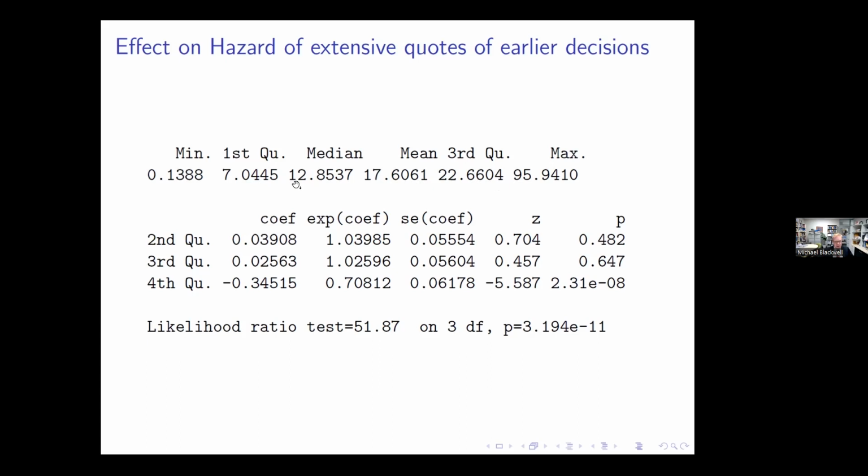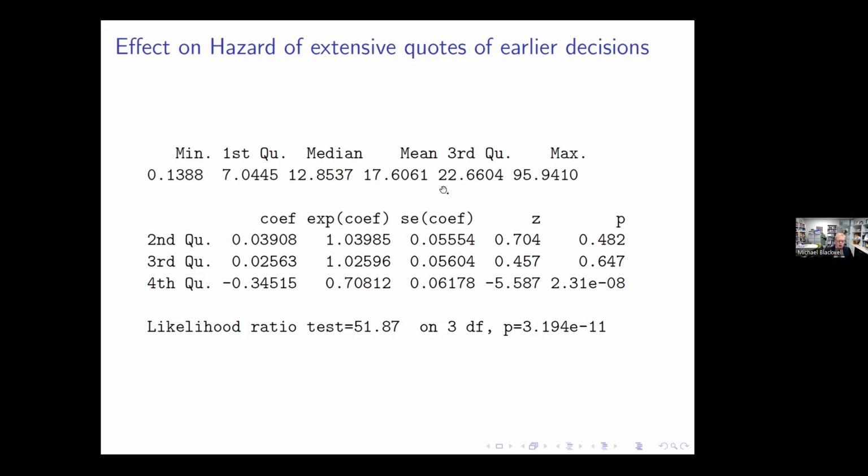The median value is 13% quotes from earlier decisions. The top quartile is 22.6%. The first quartile is 7%. So, as I say, dividing it into 4 categories, it's only really the top category that is statistically significant and makes a difference.